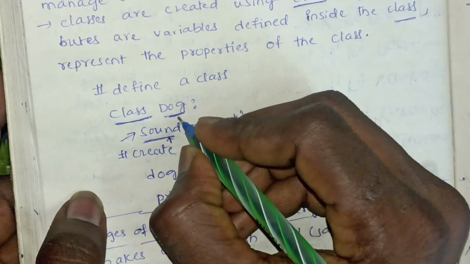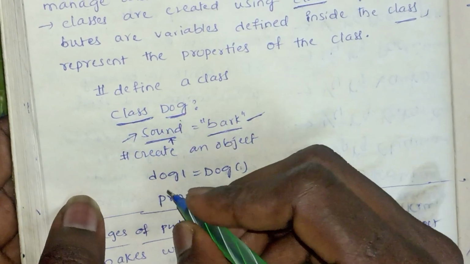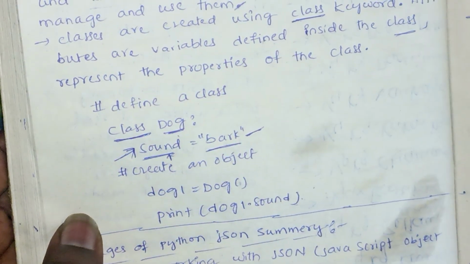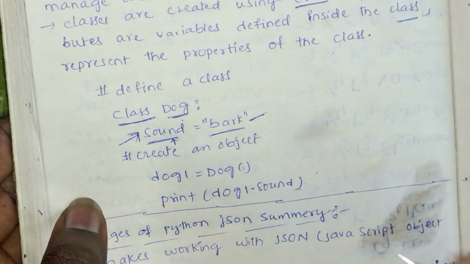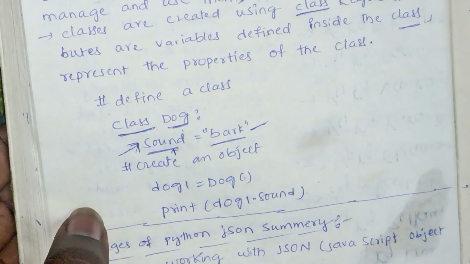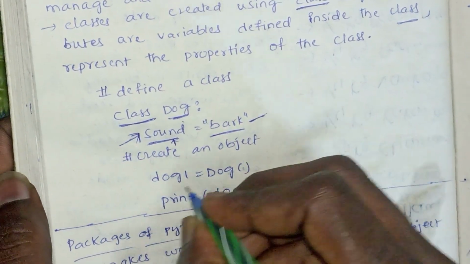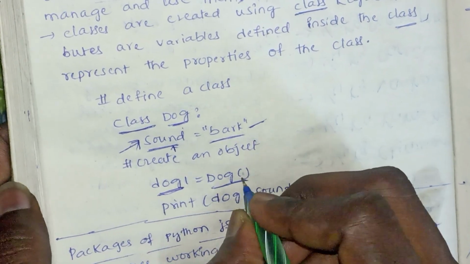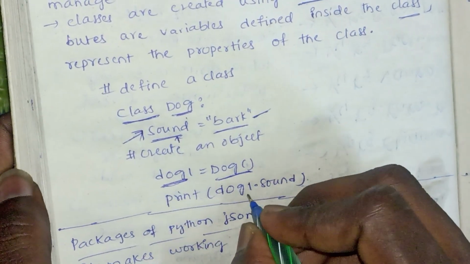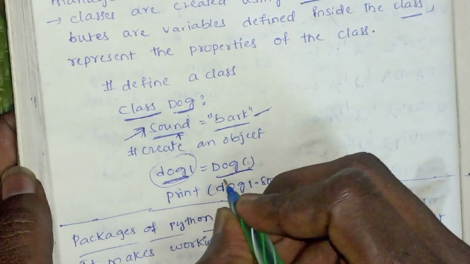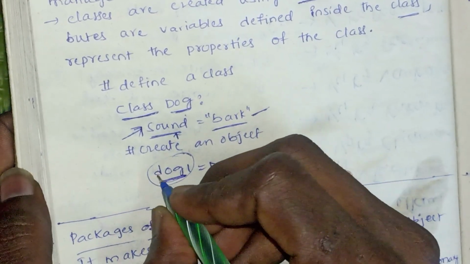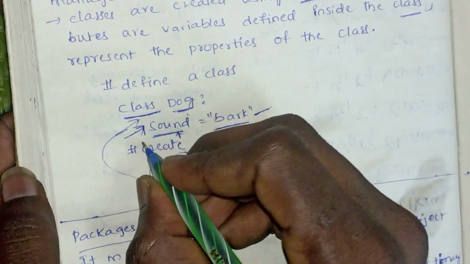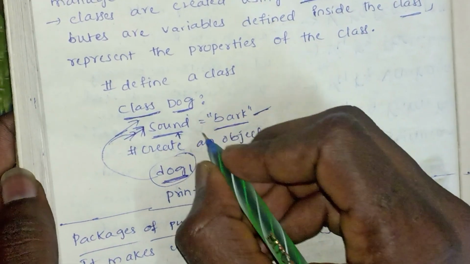Whenever I create one object for this class, it is easy to call the sound of the dog. We have to create one object, dog1 equals Dog(), then print dog1.sound. So dog1 is an object of the Dog class. It goes directly to this class, and I am calling dog1.sound. Wherever the sound is present, this will give the output.